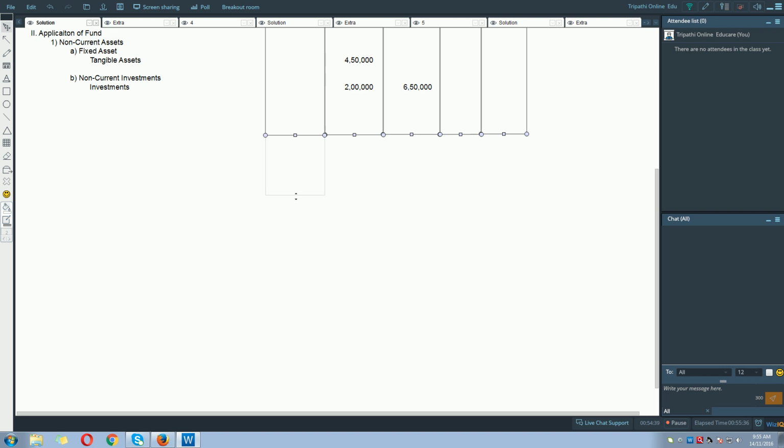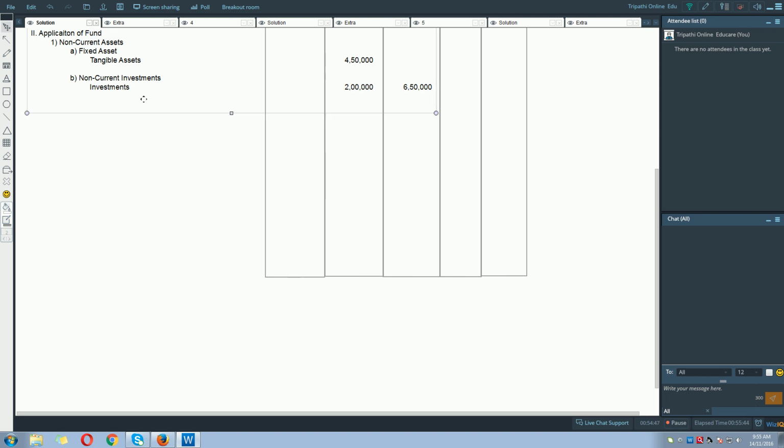B, non-current investment, and this will take investment. So investment is 2 lakhs. So total of non-current asset, that is fixed asset plus investment, will be 6,50,000.